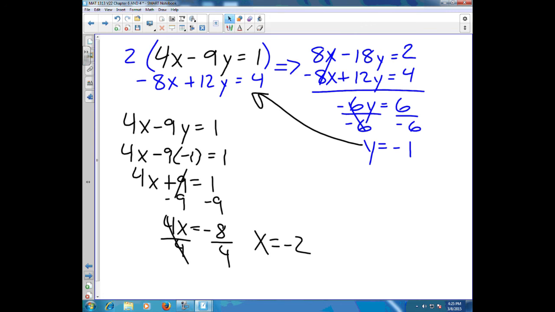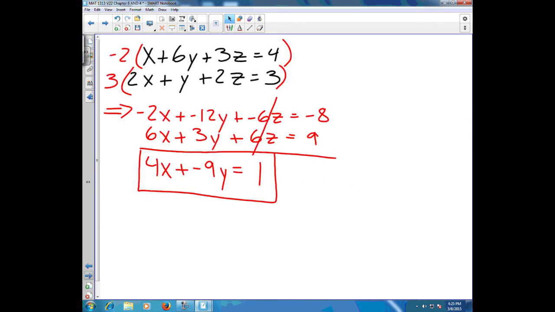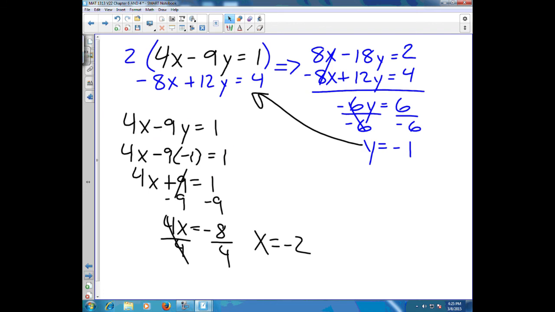And so now if we go all the way back to one of our very first equations, we can solve for z. So x plus 6y plus 3z is equal to 4. And we now know that x is -2, y is -1.